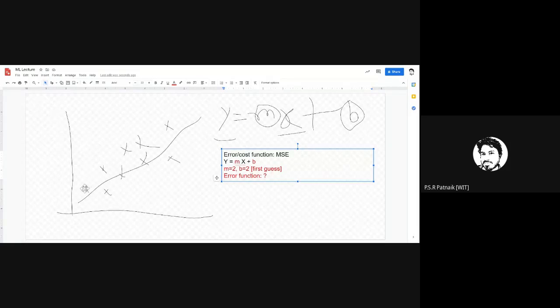These points are the actual values. And the error is the square of the difference between the expected value and the actual value.